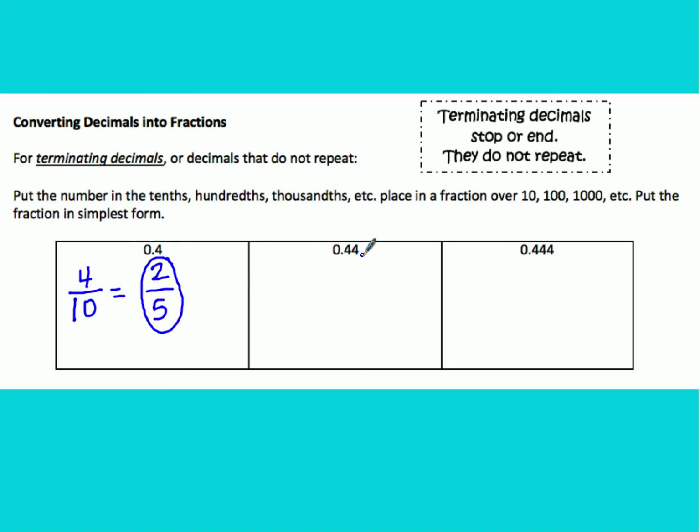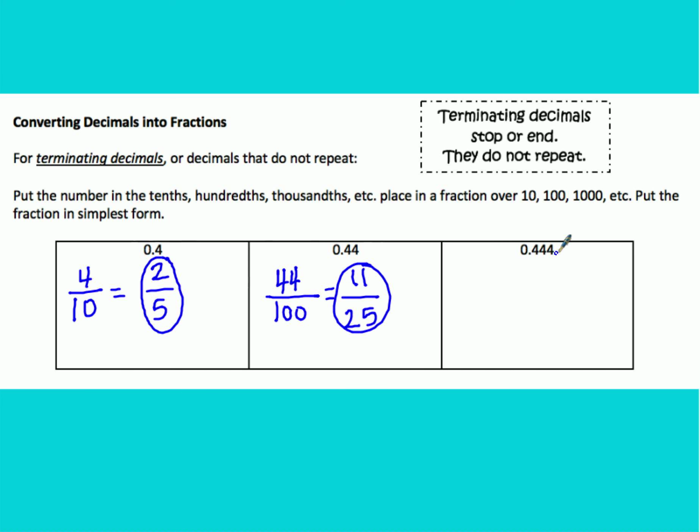Here we have 44 hundredths, or 0.44. So 44 is what we have behind the decimal, and it's in the hundredths place, so we put it over 100. When we simplify this, they're both divisible by 4. So 44 divided by 4 is 11, and 100 divided by 4 is 25. So 11/25.